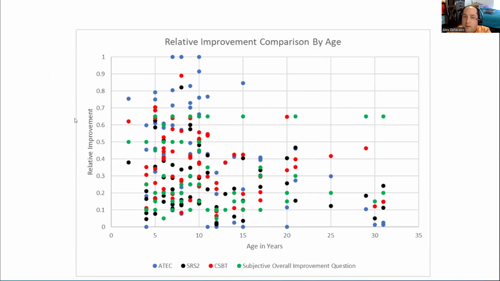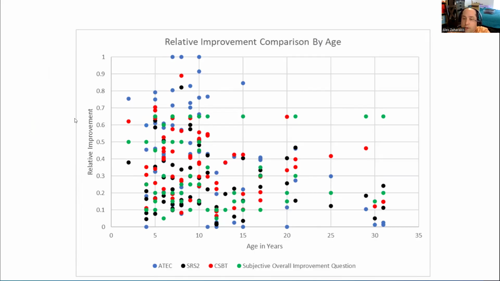So we basically have reported an overall improvement scaled to 1, even though these metrics have different criteria. We scaled it back to 1 and layered those responses with colors: blue for ATEC, black for SRS2, and red for CSBT. And then we added another one, green, which was one of the questions on the CSBT alone: what was the overall improvement? Was it 10%, 20%? Easily scalable to 1.